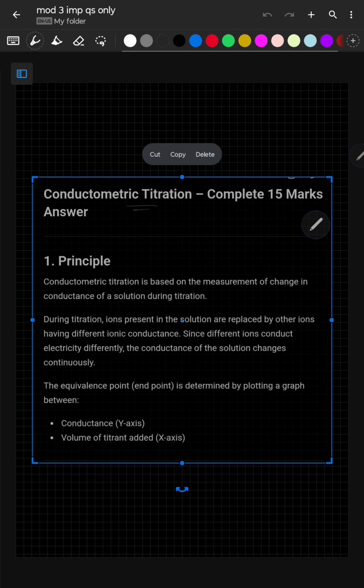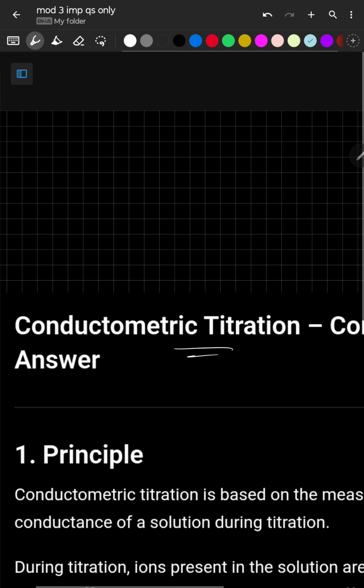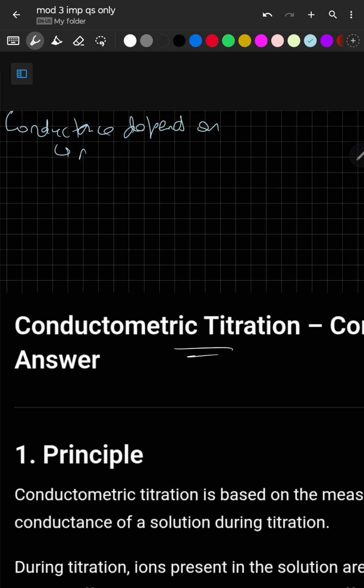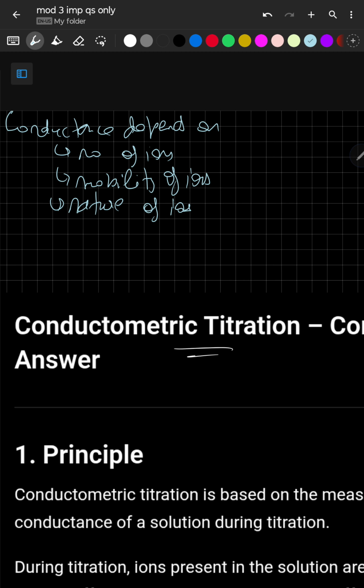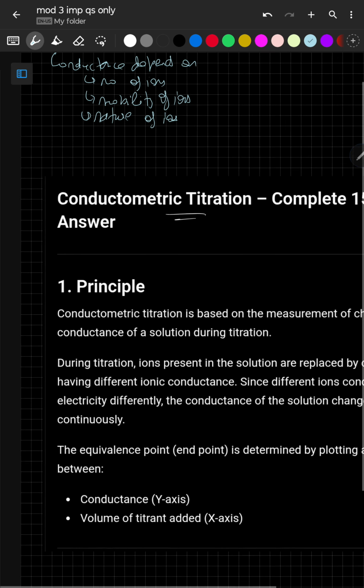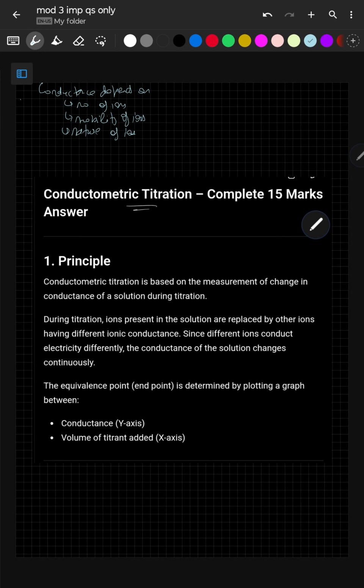Conductance depends on the number of ions, the mobility of ions, as well as the nature of ions. So if one kind of ion is substituted by another kind of ion, the conductance may increase or decrease. That is the basic principle you have to keep in your mind.